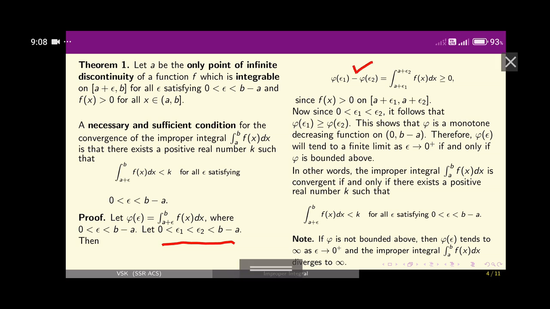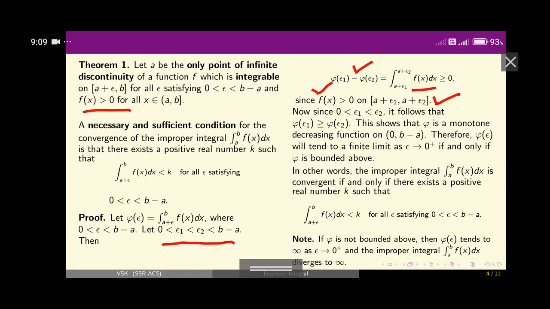This is nothing but the integral from a plus epsilon 1 to a plus epsilon 2 of f(x) dx, and this is greater than or equal to 0. Why? Because f(x) is greater than or equal to 0 on a plus epsilon 1 to a plus epsilon 2 because of these assumptions.